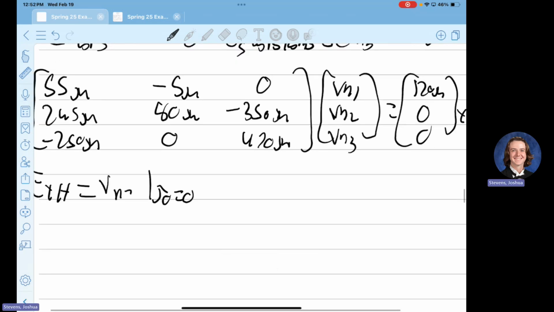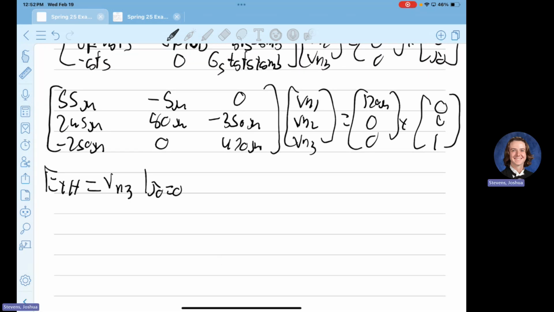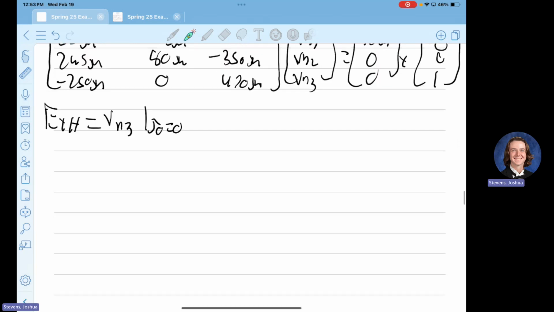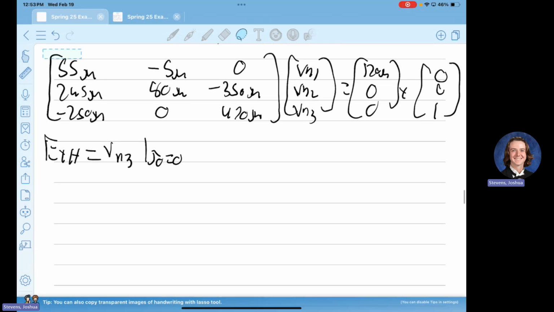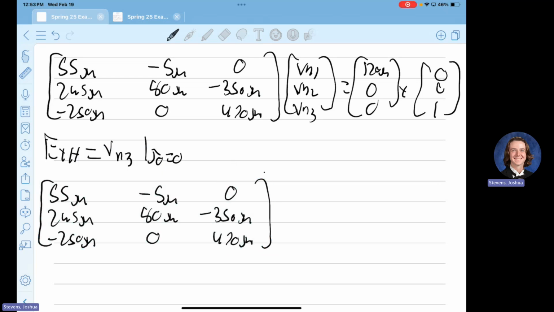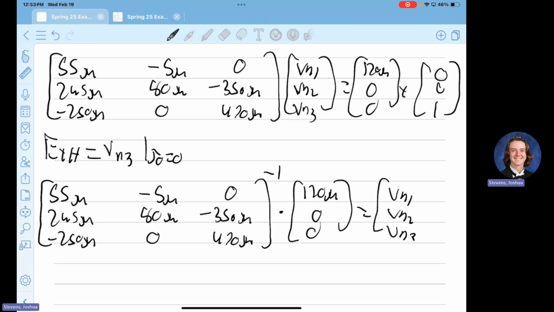And we're getting a voltage from a voltage. That's fine. So this matrix, when you type it in your calculator, you're going to want to put that matrix to the -1, times your 120 micro, 0, 0, equals your VN1, VN2, VN3.